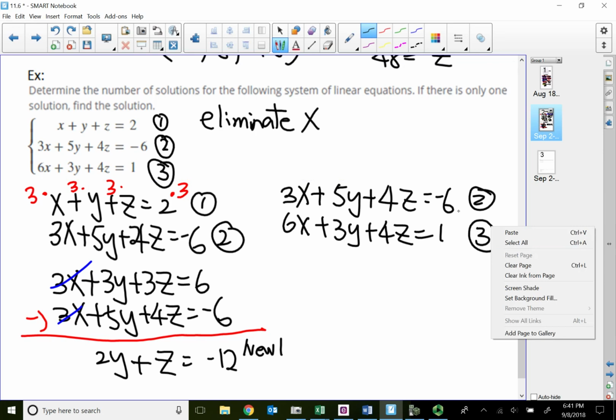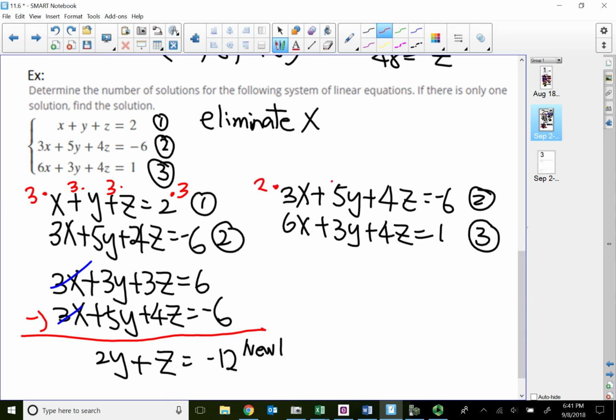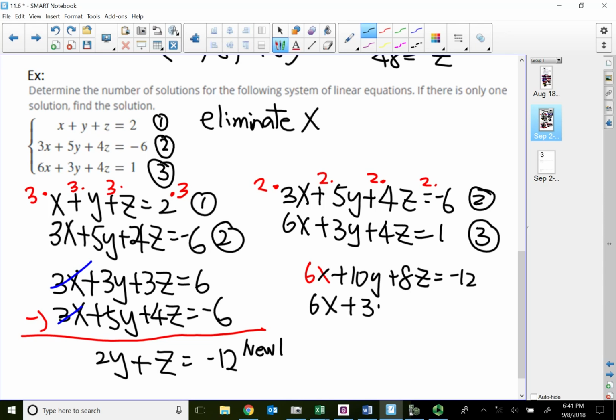To make the x the same, the common multiple between 3 and 6 is 6. That means in my second equation, every term has to be multiplied by 2, so I can end up with a 6x at the beginning. So my second equation now will be 6x plus 10y plus 8z equal to negative 12. My third equation does not change because it's already 6x.